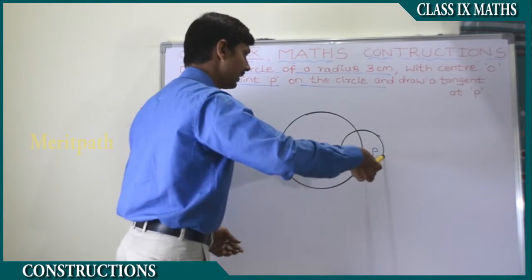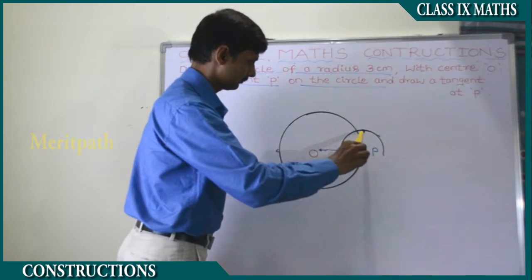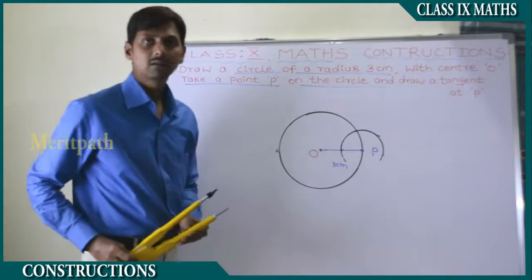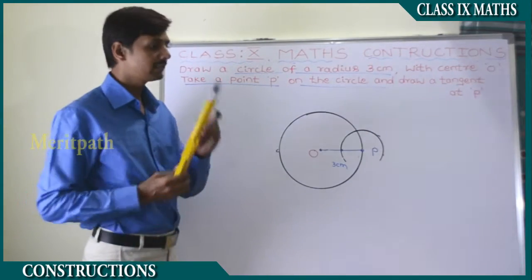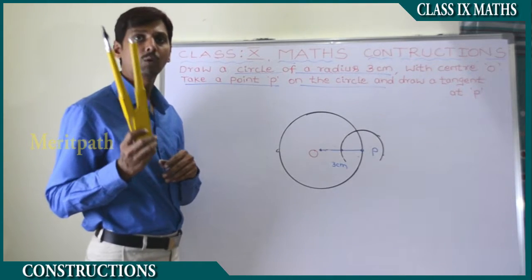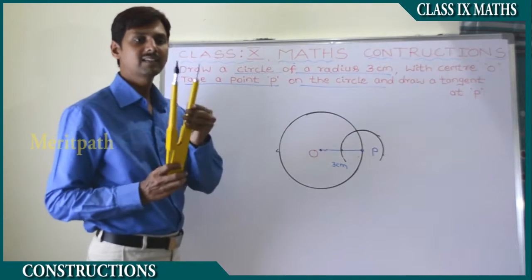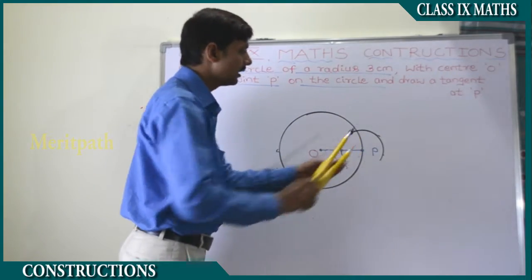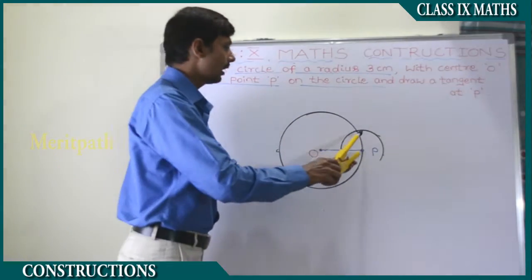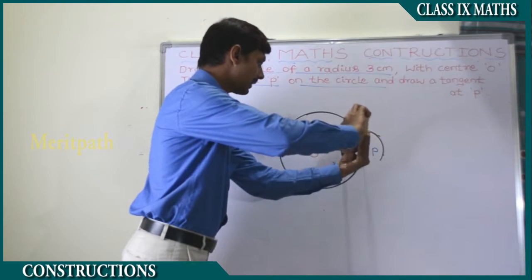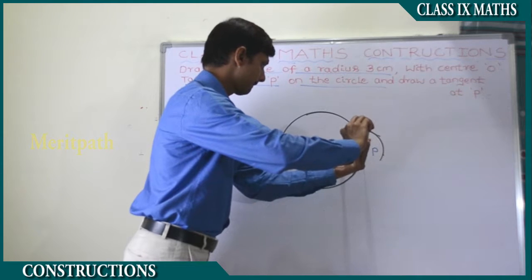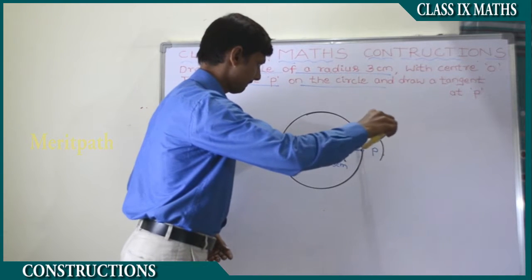Without skipping anywhere. Let's draw again using some radius, either 1 or 2 centimeters. For example, we have taken 2 centimeters radius, and using the point P, which is on the circle, we draw an arc which is looking like this, you see.